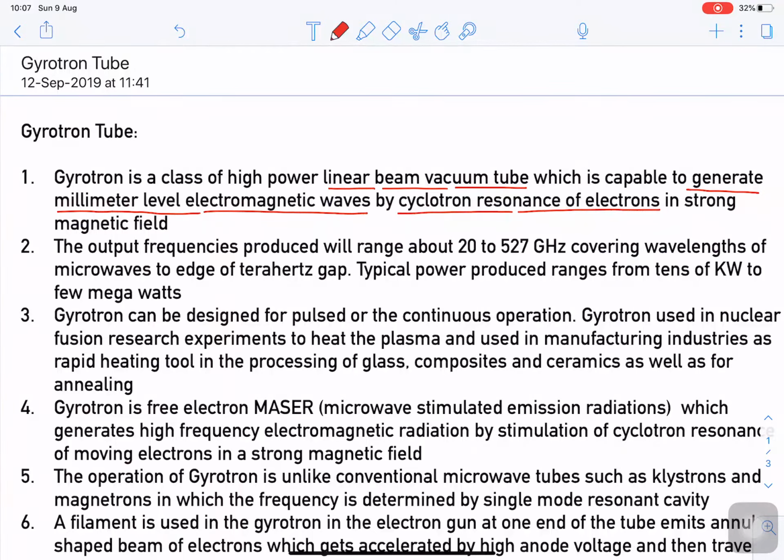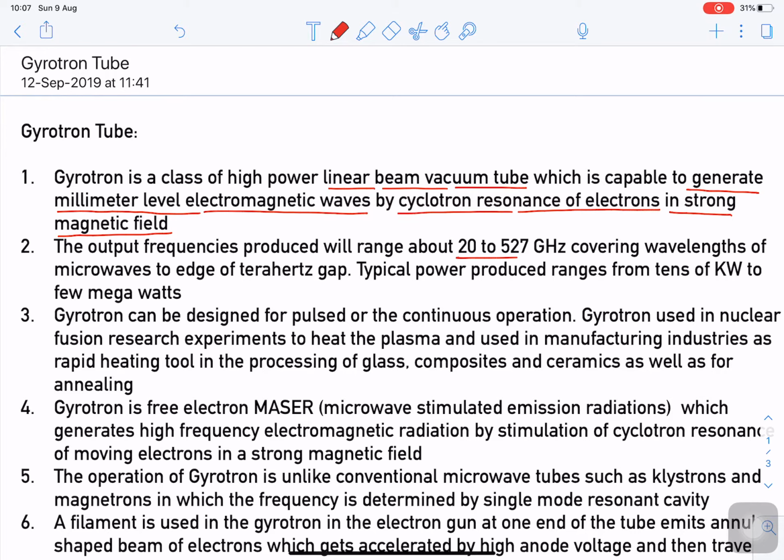This cyclotron resonance of the electron is accomplished by using a strong magnetic field, right? The output frequency produced will range from about 20 to 527 gigahertz.